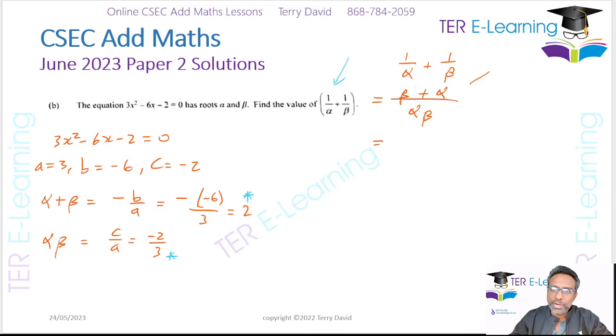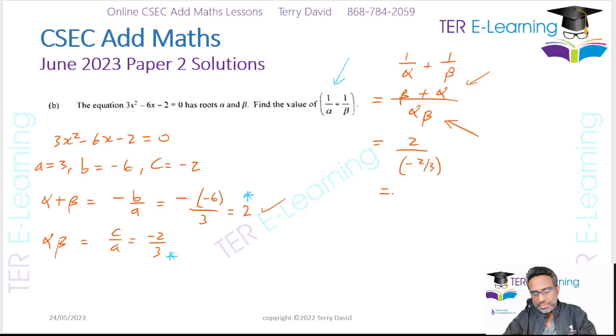Now you know what the sum is: alpha plus beta is 2. So you're going to put 2 divided by the product, which is minus 2/3. When you divide this, 2 divided by minus 2/3, you're going to get minus 3. So the value of 1 over alpha plus 1 over beta is minus 3.